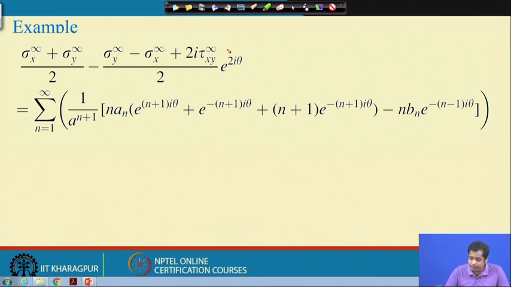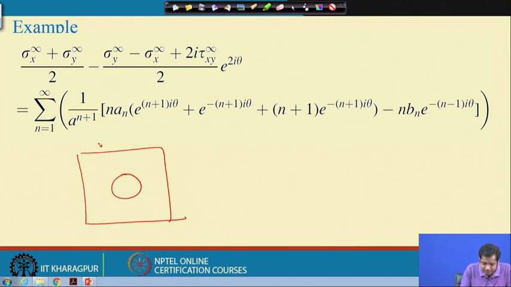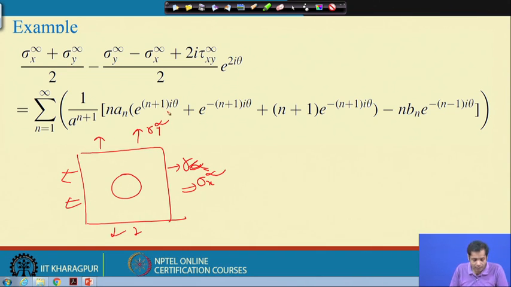Now, I will just repeat this step once again. This step is very straightforward. You have the problem like this, and at the infinite boundary you have some stresses, sigma x infinity, sigma y infinity, and so on. If this is a, then at this boundary sigma rr is equal to 0 and sigma r theta is equal to 0 at r equal to a.